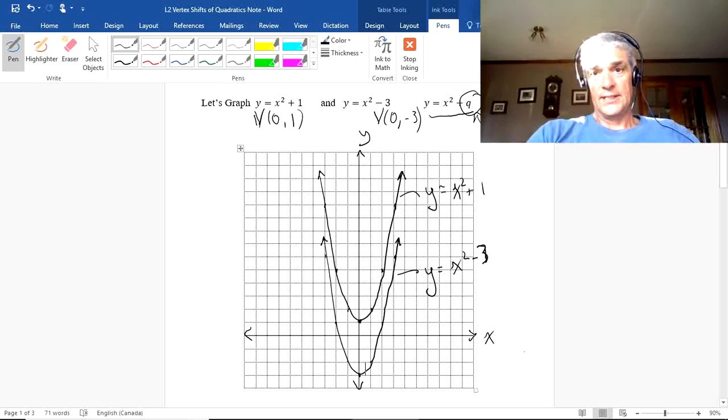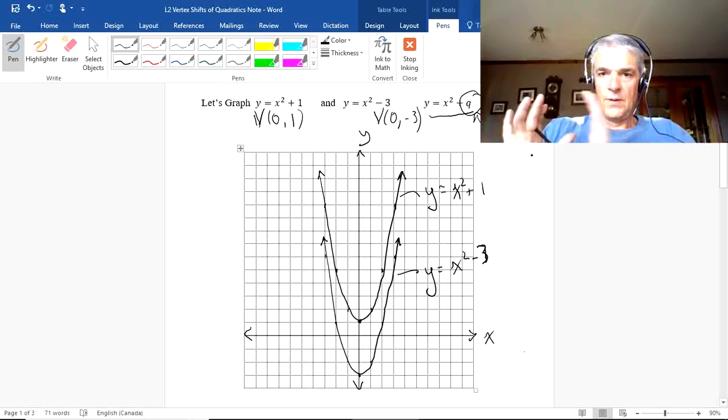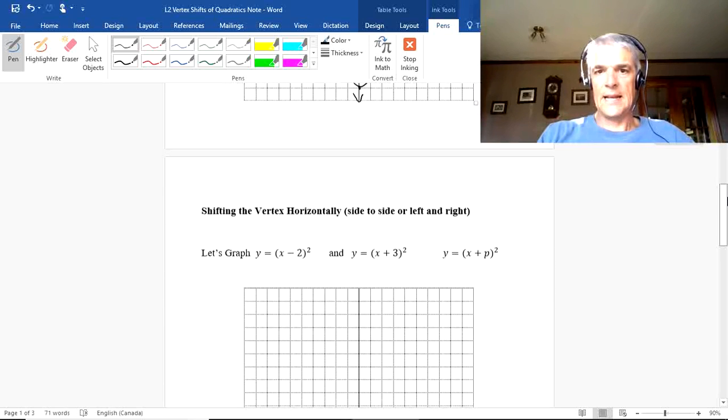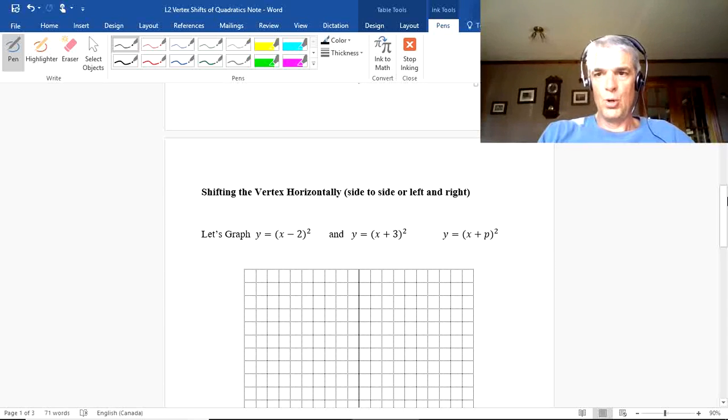Now, you're going to see the other half, how we can shift the equation from left to right or side to side. So this is a different way of shifting it. If you go down to the next set of examples, this is about moving the parabola from left to right or side to side if you prefer.